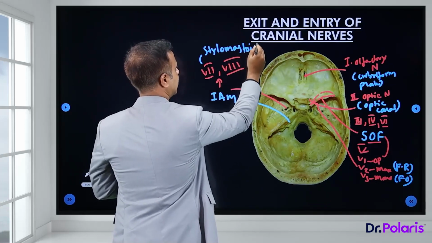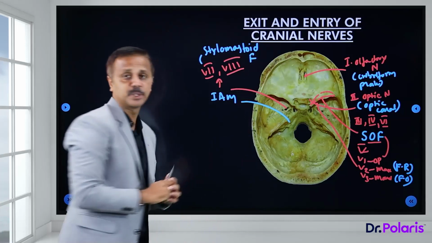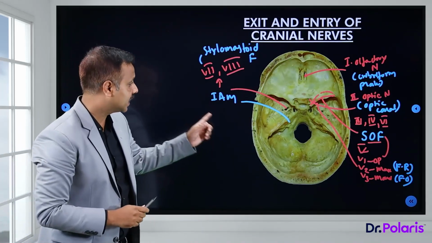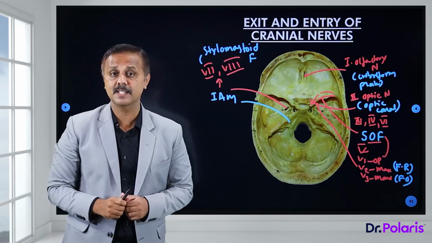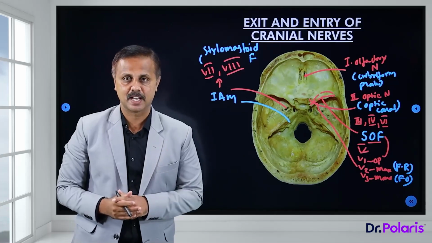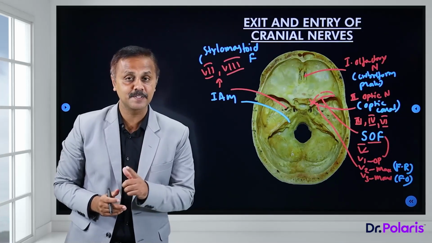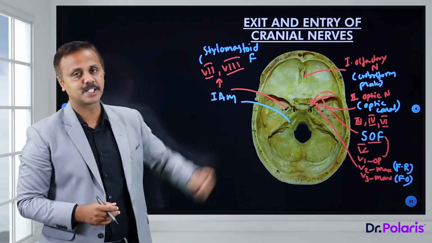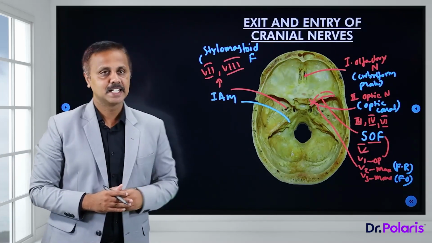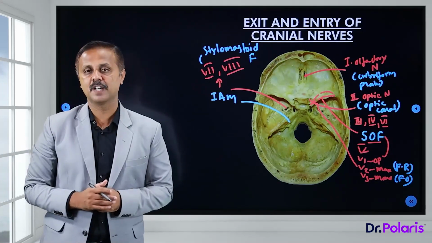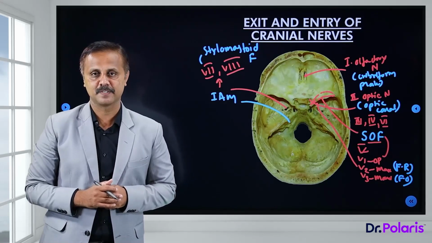So this is one peculiarity regarding the facial nerve I want you to remember. It enters through the internal acoustic meatus, but it leaves the skull. Right? Remember, it leaves the skull by passing through the stylomastoid foramen. This is regarding the facial nerve and the vestibulocochlear nerve.